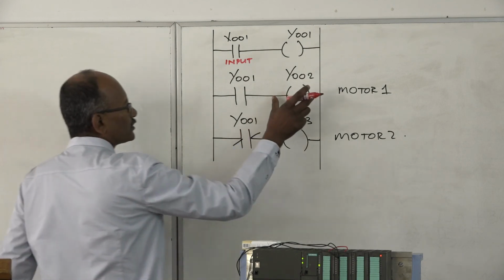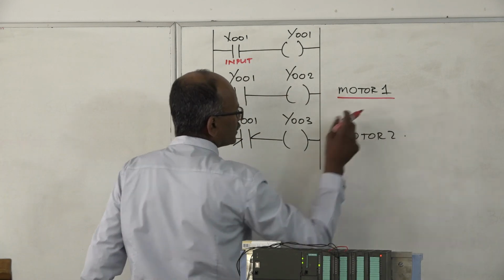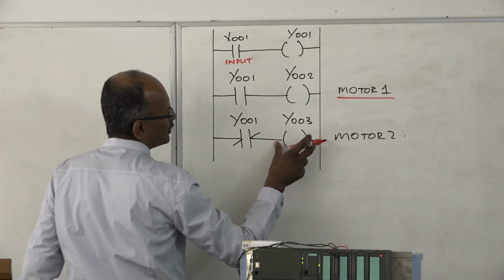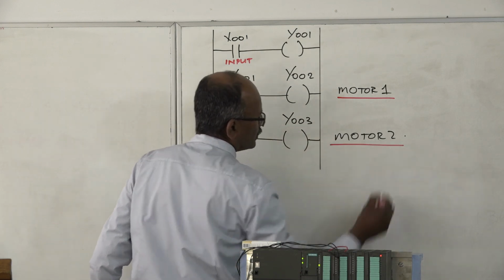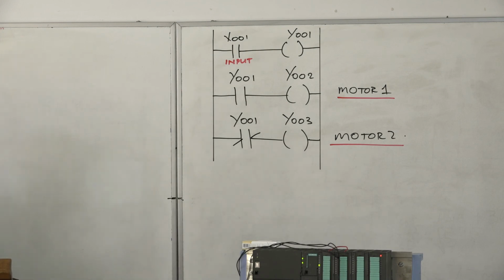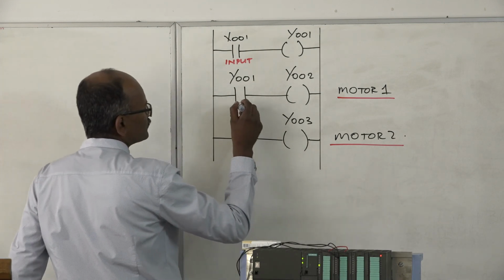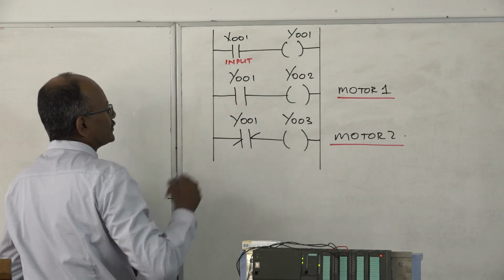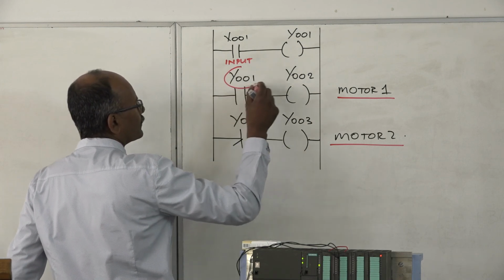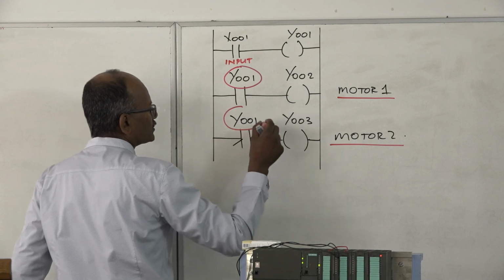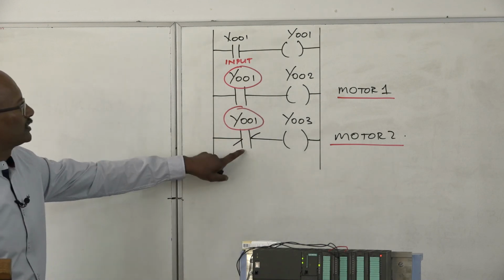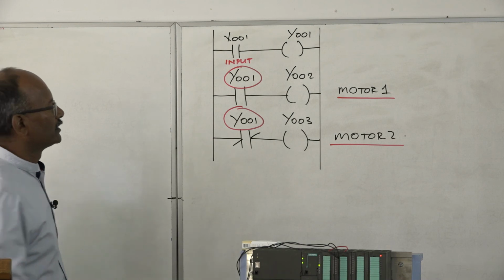Attached to this contactor coil is motor 1, and attached to the third output contactor coil is motor 2. Now, the important thing to look at here is that the address of this normally open switch is Y001, and the address of this switch, which is normally closed, is also Y001.